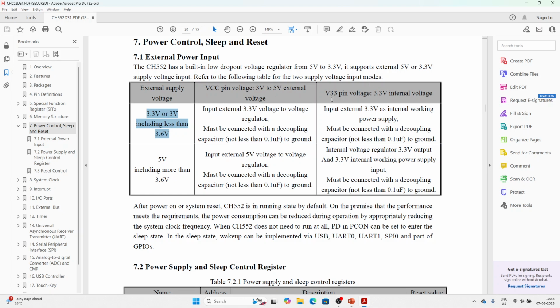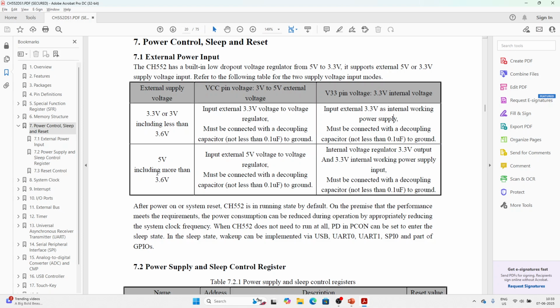Sorry, external 3.3 volts to the VCC pin, right? Input external 3.3 as internal working power supply. It must be connected through a decoupling capacitor. So the 3.3 pin should also be connected to external 3.3.